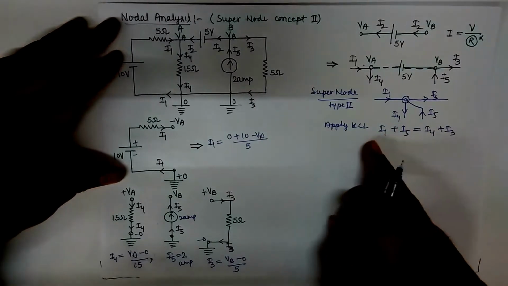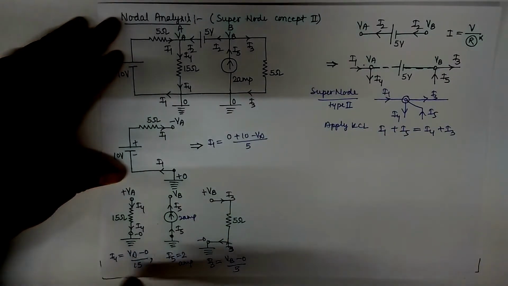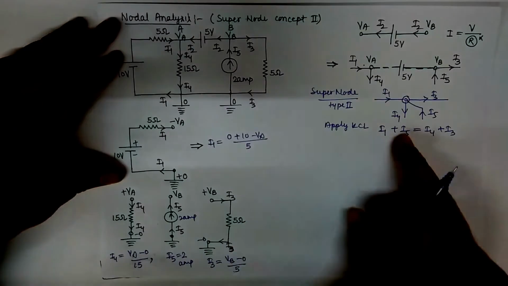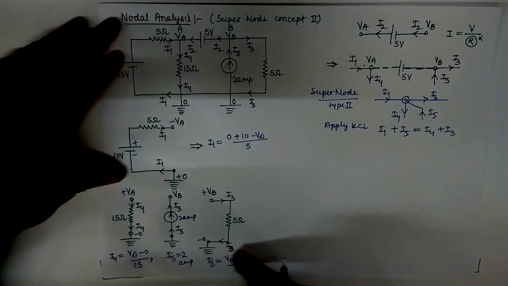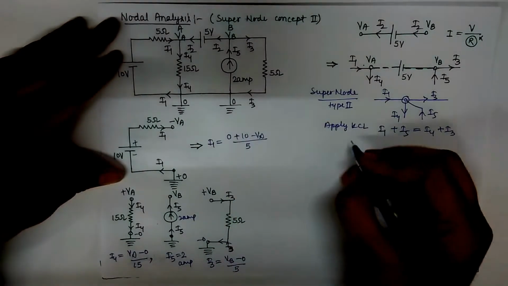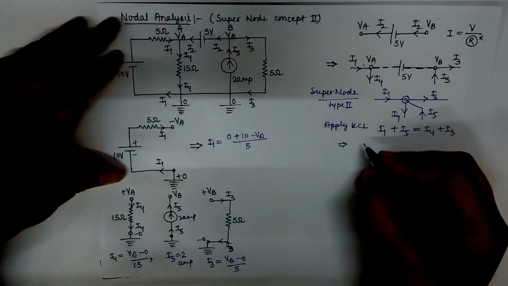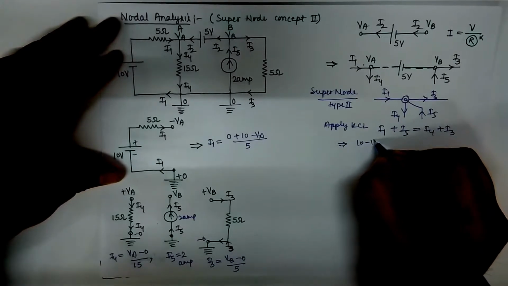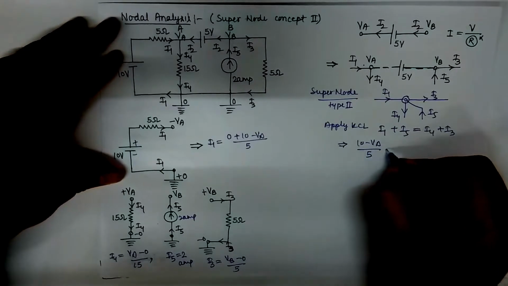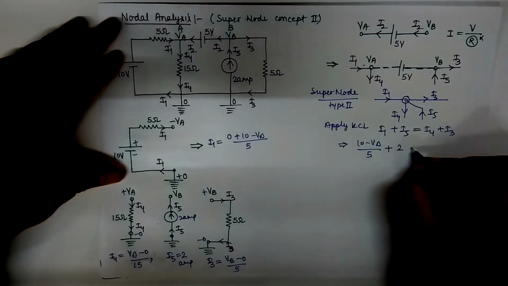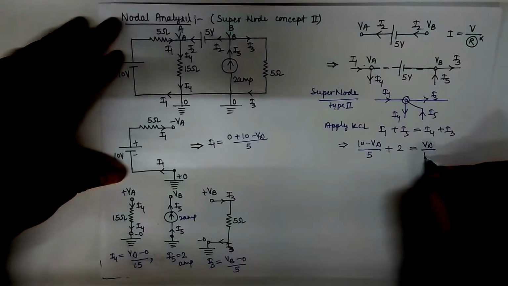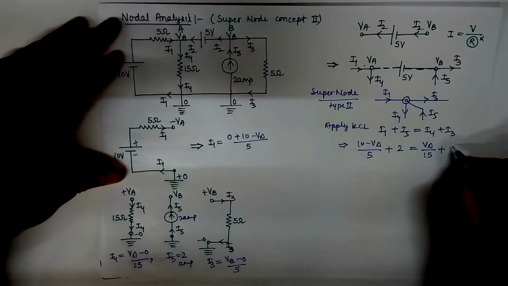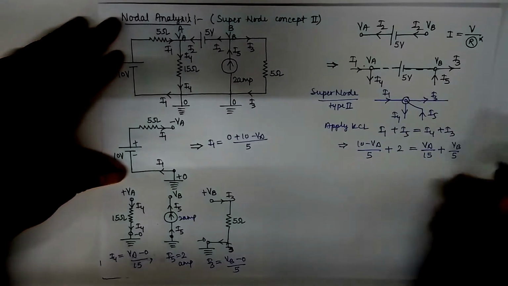Now put the value of I1 here, I5 here, I4 here and I3 here in this equation. So I1 is equal to 10 minus VA upon 5, plus I5 which is 2, is equal to I4, VA upon 15, plus I3, VB upon 5.